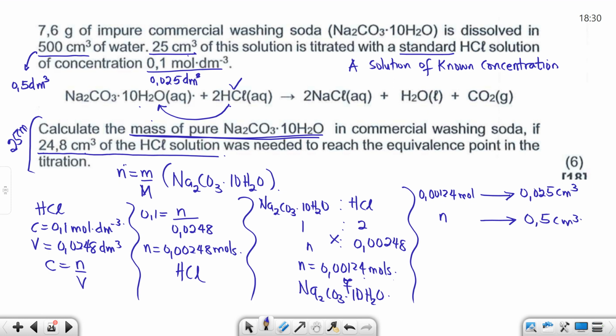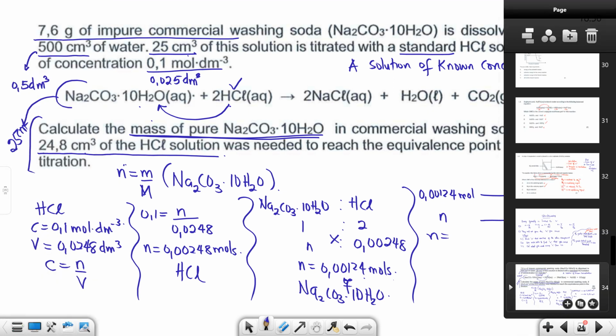I don't know if you get what I just said there. We only used this calculation here. This whole titration was based on 25. So we got the number of moles in the 25. But we're going back to the original, because the question says, calculate the mass of sodium bicarbonate in commercial washing soda, which is this guy. So what do we do here? Can we cross multiply and divide? I need answers.